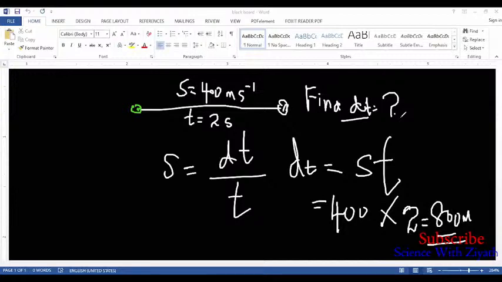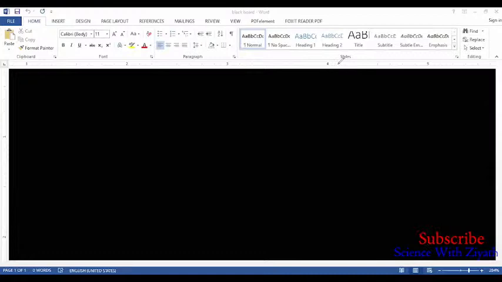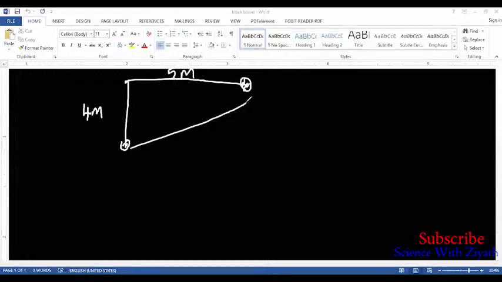Okay? Another question I'm going to ask now. Please note this question. An object is moving like this. This is 4 meter and this is 5 meter and this is 10 meter for example.